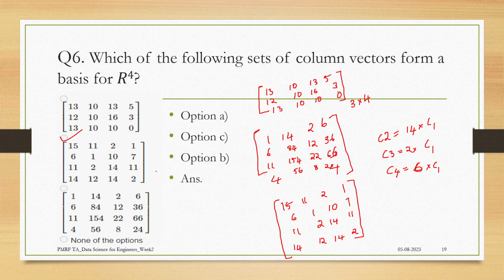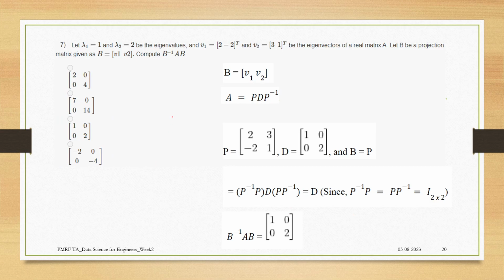Okay, they are independent. Now the next one: let lambda 1 equal to 1, lambda 2 equal to 2 be the eigenvalues, and V1 is given as 2, minus 2 transpose, V2 is 3, 1 transpose, be the eigenvectors also given.